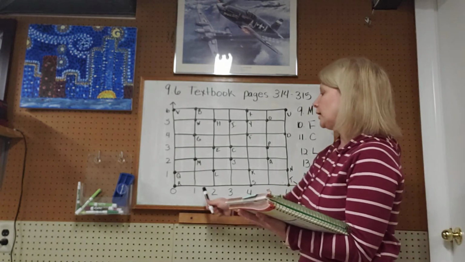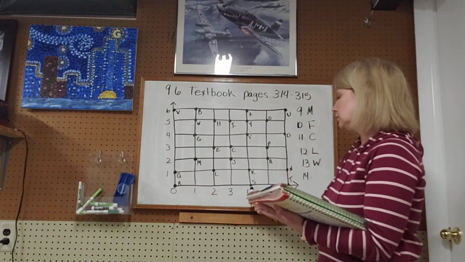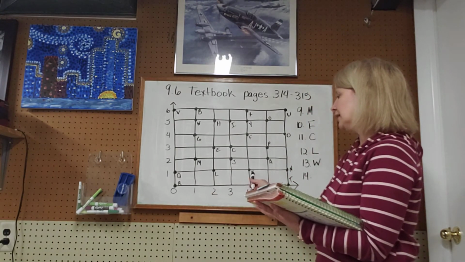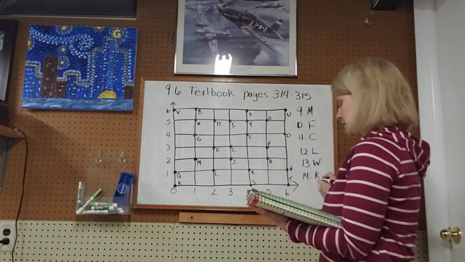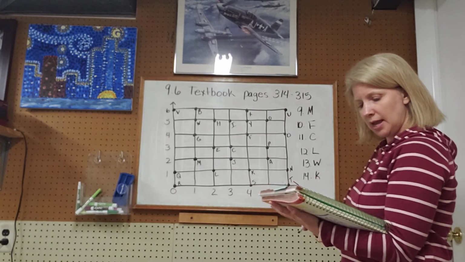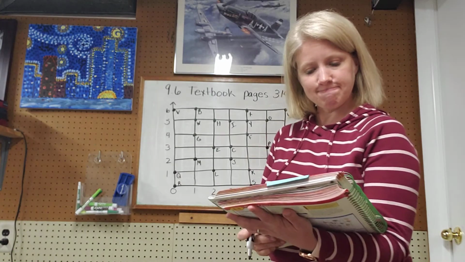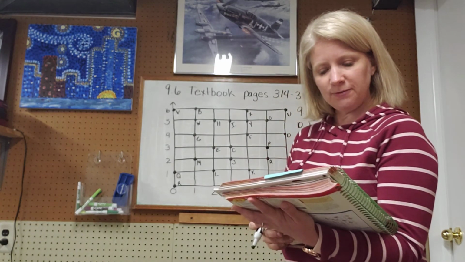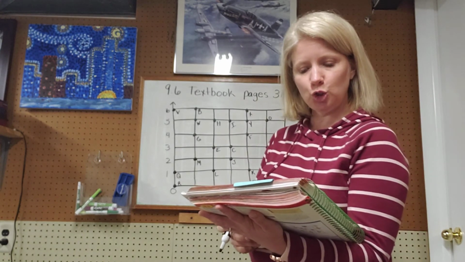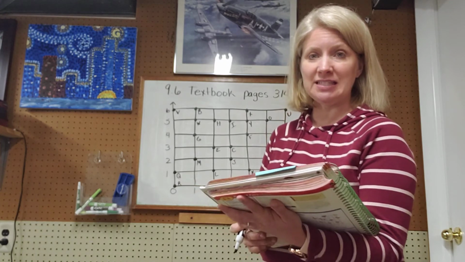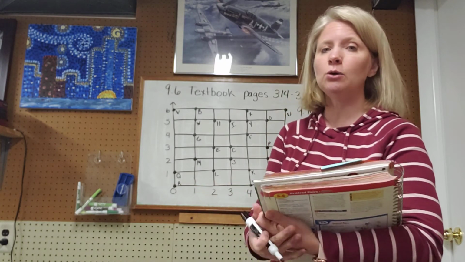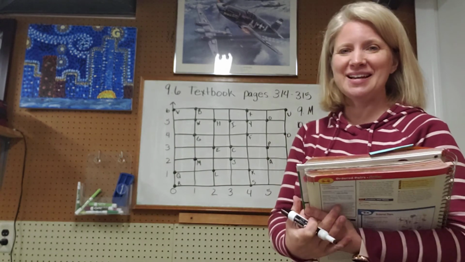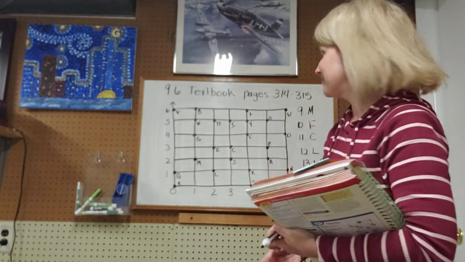Coordinates 4, 1. Up 1, you find letter K. Okay, I would like you to try 15 through 20. Pause the video and you try those, and then come back and see what you got.